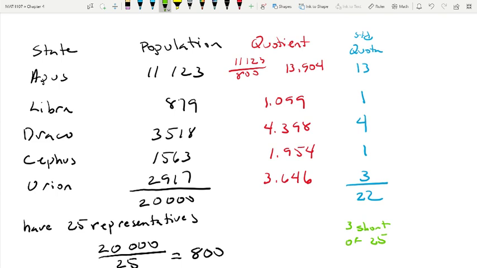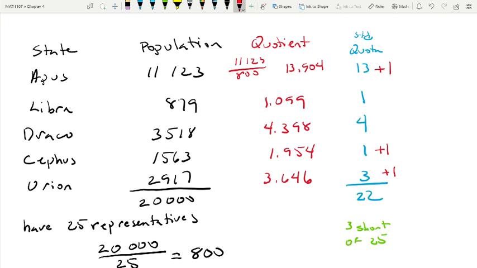We got 3 more to award, so we want the 3 highest decimal parts. The highest one is the 0.954, so they get 1. The next highest is the 0.904, so they get another 1. And after that is the 0.646, so they will pick up another 1.